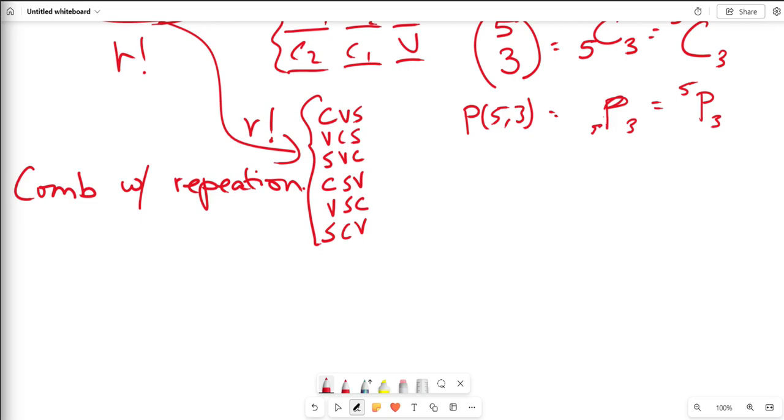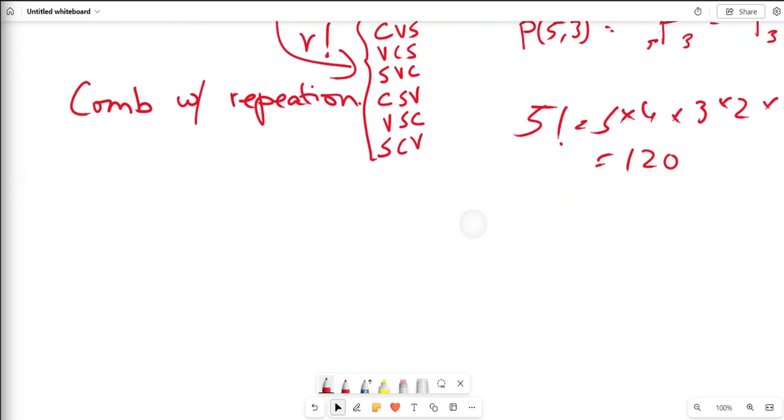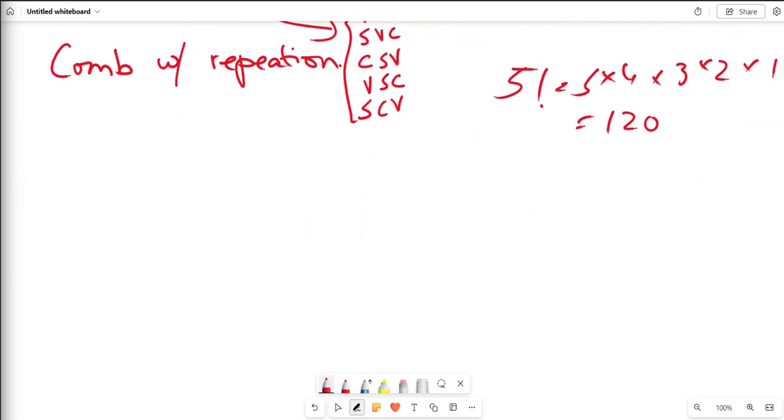If you have 5 things, you can order them in 5 factorial ways, which would be 5 times 4 times 3 times 2 times 1, 20, 60, 120, right? Yeah, so 5 factorial is 120. And so if you have 5 things, they can be ordered in 120 ways. Just to quickly elaborate, let's just do a couple of factorials: 1 factorial, 2 factorial, 3 factorial, 4 factorial, 5 factorial, 6 factorial.